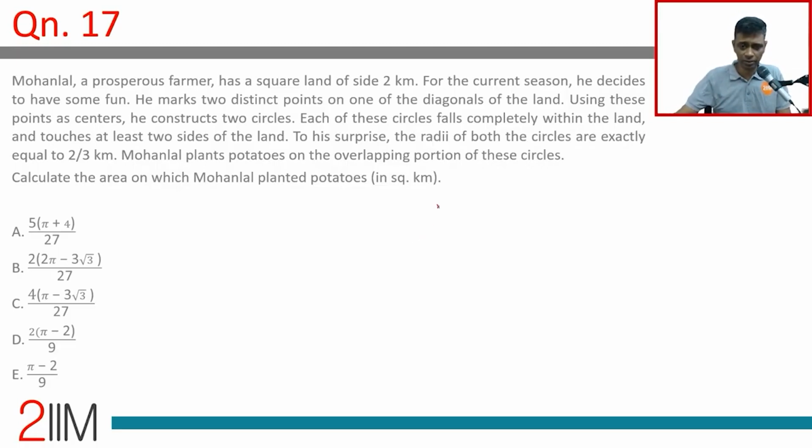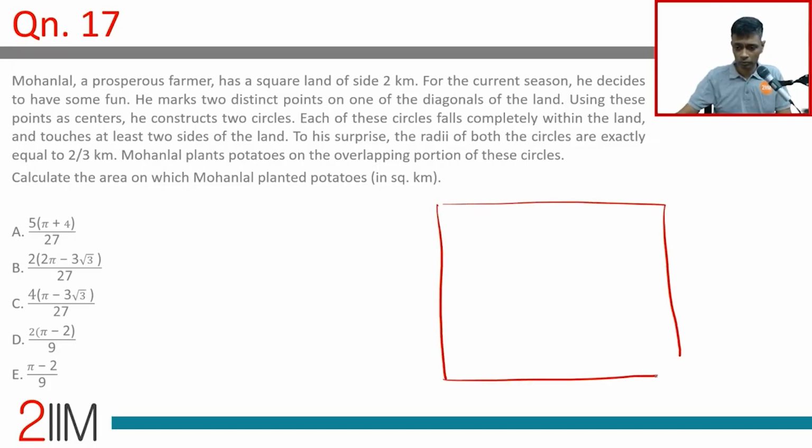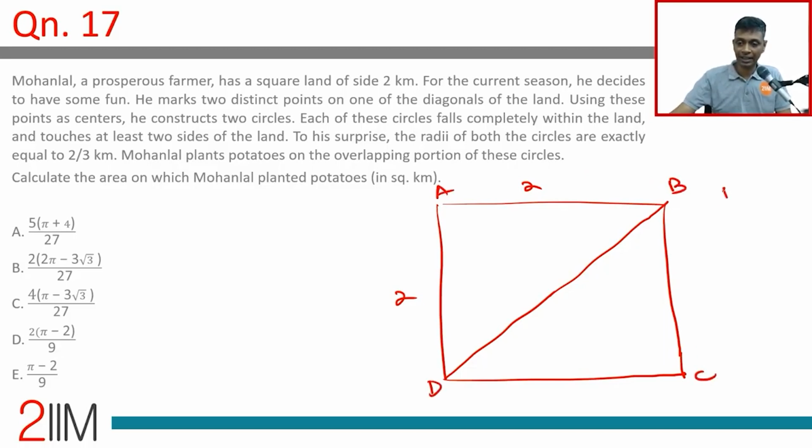Lovely question. So let's draw the square. Square of side 2 kilometers. He marks 2 distinct points on one diagonal. Say the square is ABCD. The diagonal BD is 2 root 2 kilometers. He constructs 2 circles.